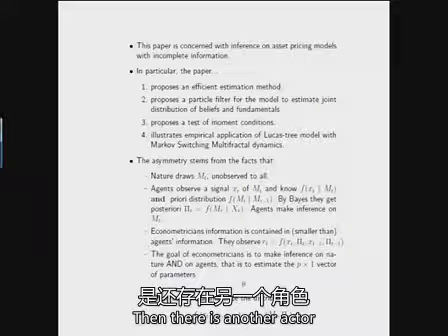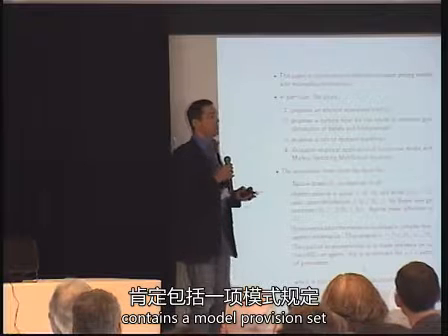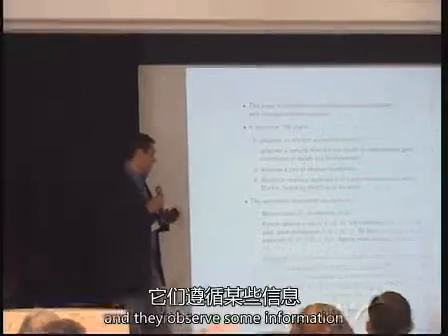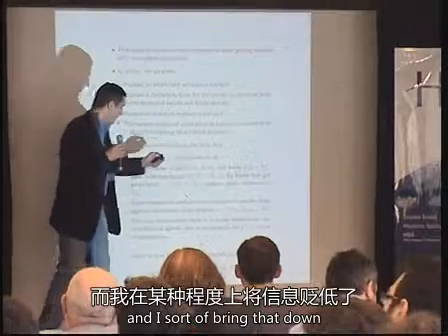And that's the goal. And then there is another actor, which is us, the econometrician. This is an issue which I'm going to discuss a bit, but they assume that it contains a small information set, and they observe only some information, and I sort of pin that down.